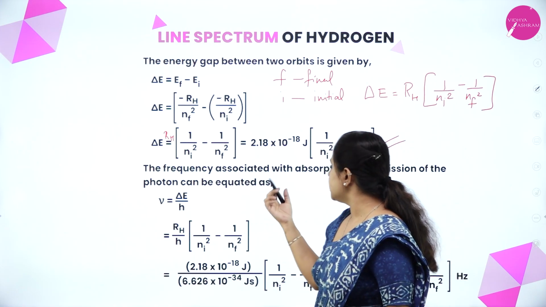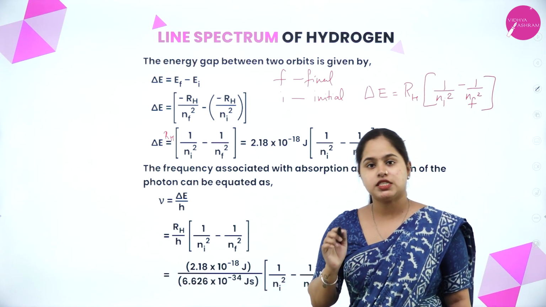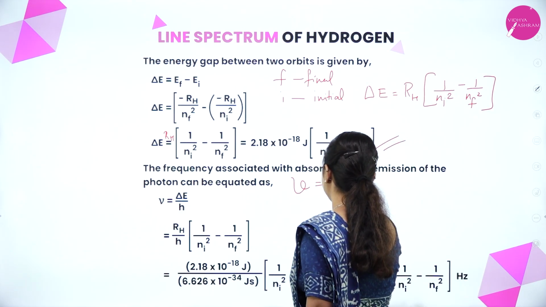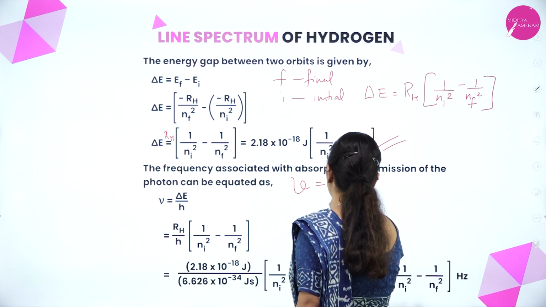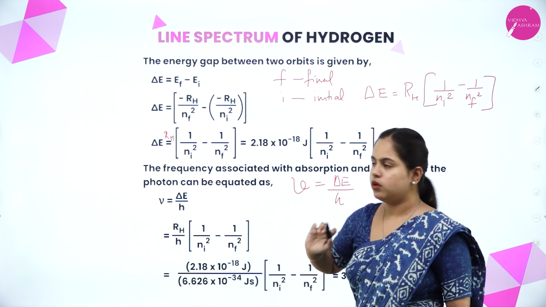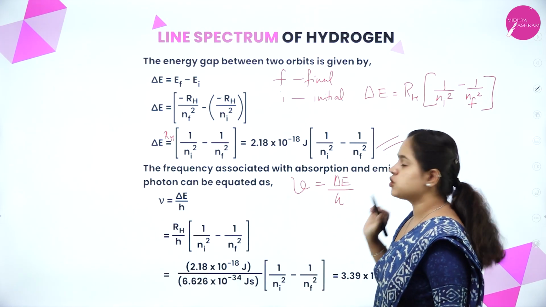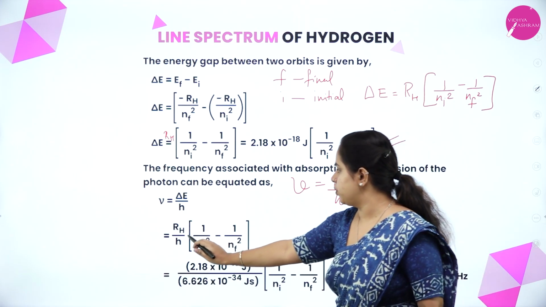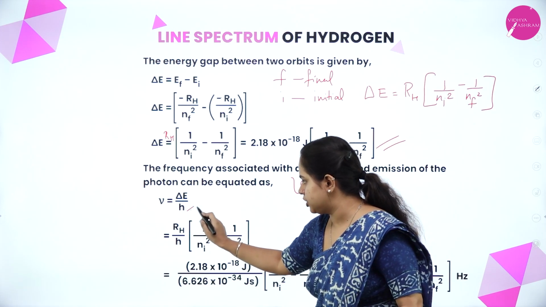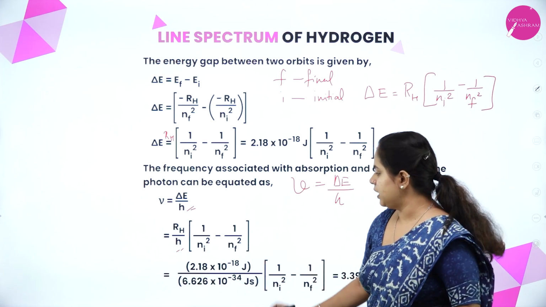Now, the frequency associated with absorption and emission of the photon can be equated as, we even studied how you can calculate the equation, right? For frequency, nu is equal to delta E by h, right? So, from here we obtain the delta E value, that is 2.18 into 10 to the power minus 18 into 1 by NI square minus 1 by NF square, that you can use here. So, that will be RH by h into 1 by NI square minus 1 by NF square.